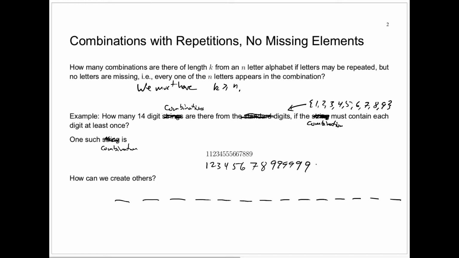Now you'll notice that I wrote these combinations in numerical order. I started with a 1 and I put them in increasing order up to the 9s. Doesn't matter if I do this? Well, it's a combination. Order doesn't matter. I could have written the first one as 5, 5, 6, 5, 6, 7, 8, 9, 8, 1, 1, 2, 3, 4.